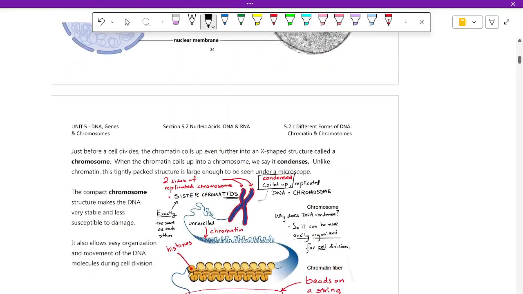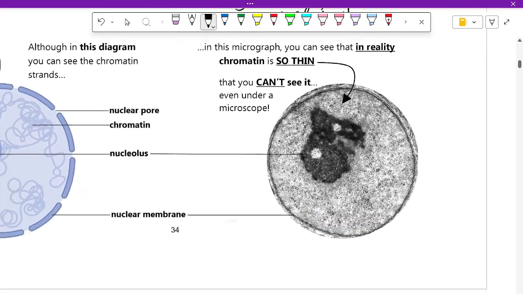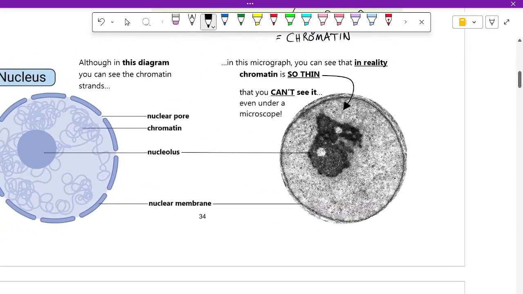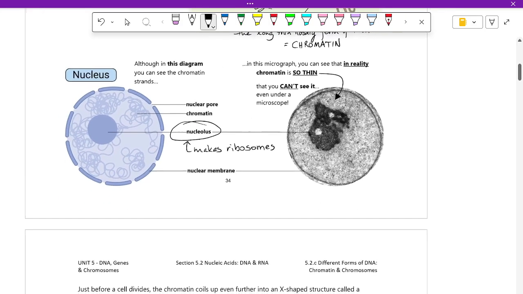The dark part is the nucleolus, yes. And what is the purpose of the nucleolus? Remind your partners, what does the nucleolus do? The nucleolus makes something. It makes ribosomes.